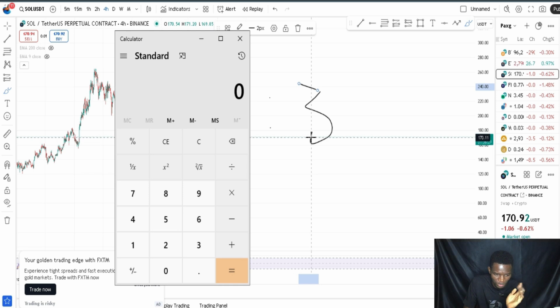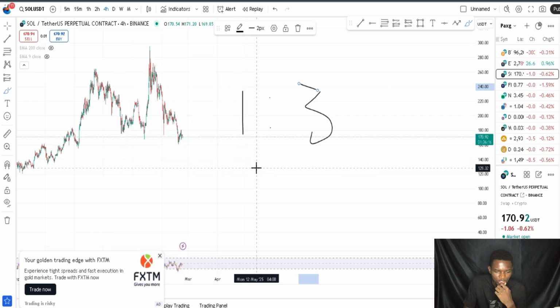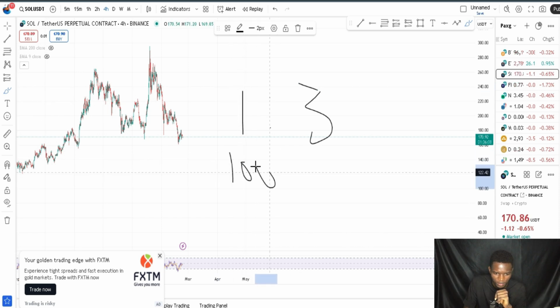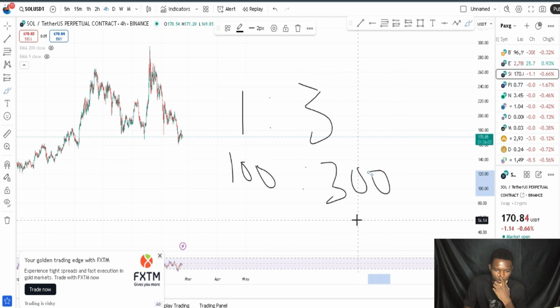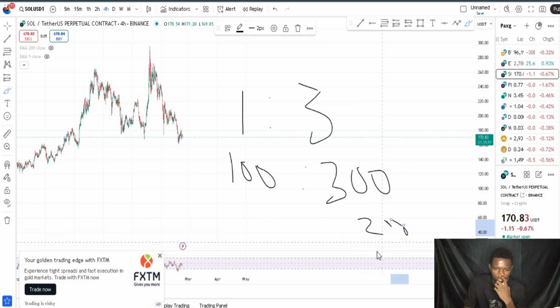That's a 50% win rate. So on each of the 10 trades you win, you're making $30. So 30 times 10, that is 300. So on 20 trades total for a 50% win rate, you lost $100 and you made $300. That means you are on $200 profit, which is still good.